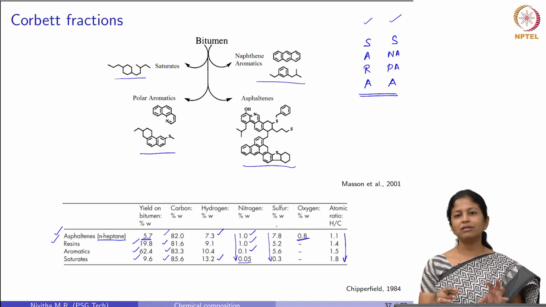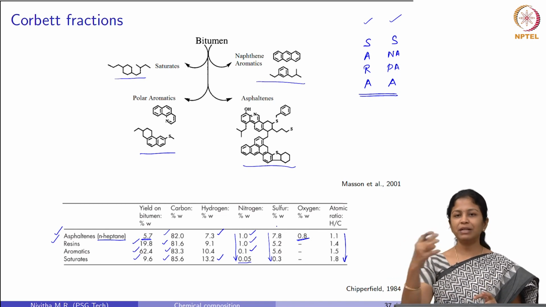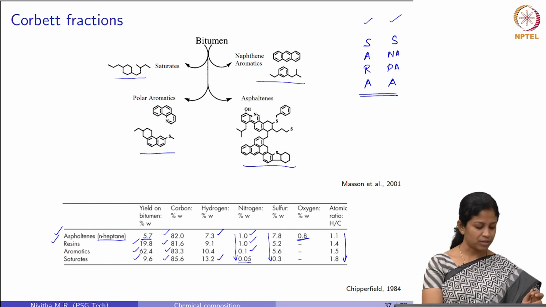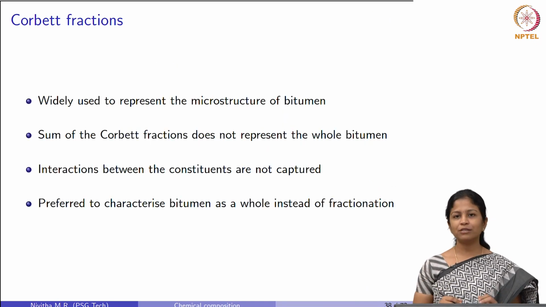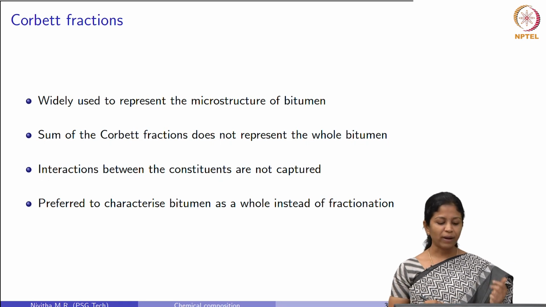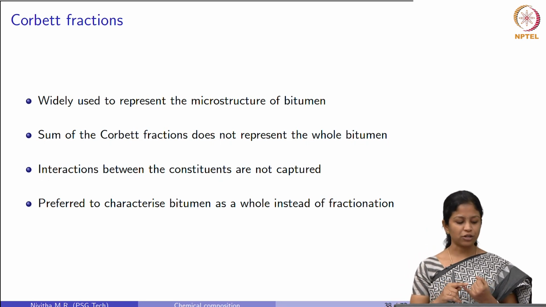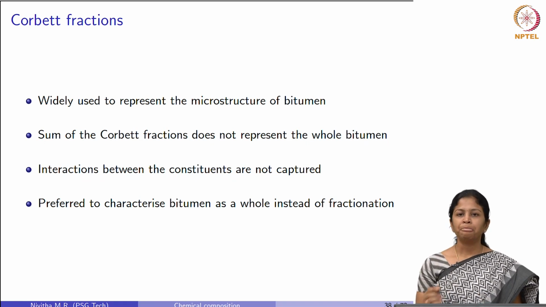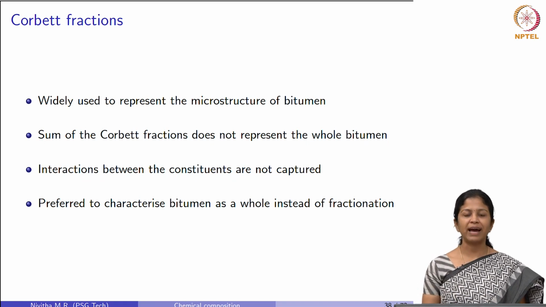So, only based on some understanding like this, people tend to propose hypothetical structures for all these 4 fractions. These 4 Corbett fractions are widely used to represent the microstructure of bitumen. But there is something which we have to remember here. There was a study which was conducted by Harrison et al. as part of an SHRP program.